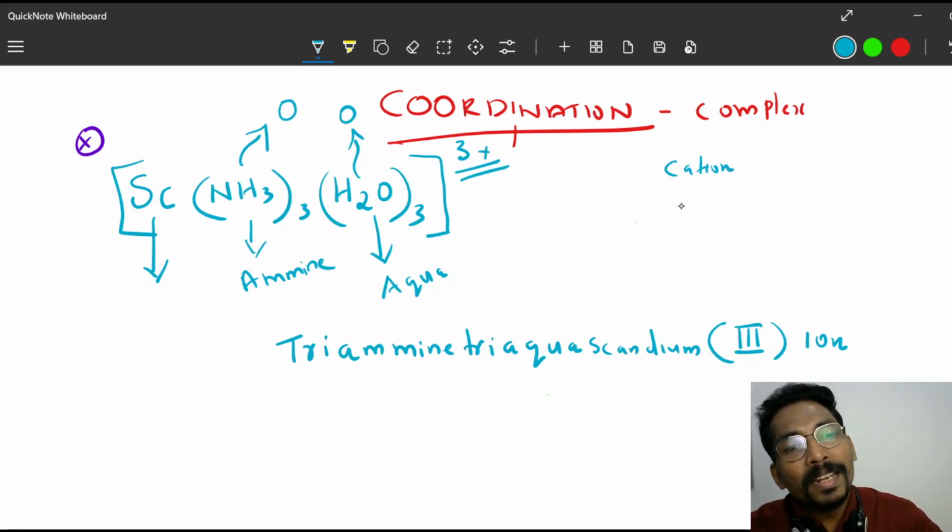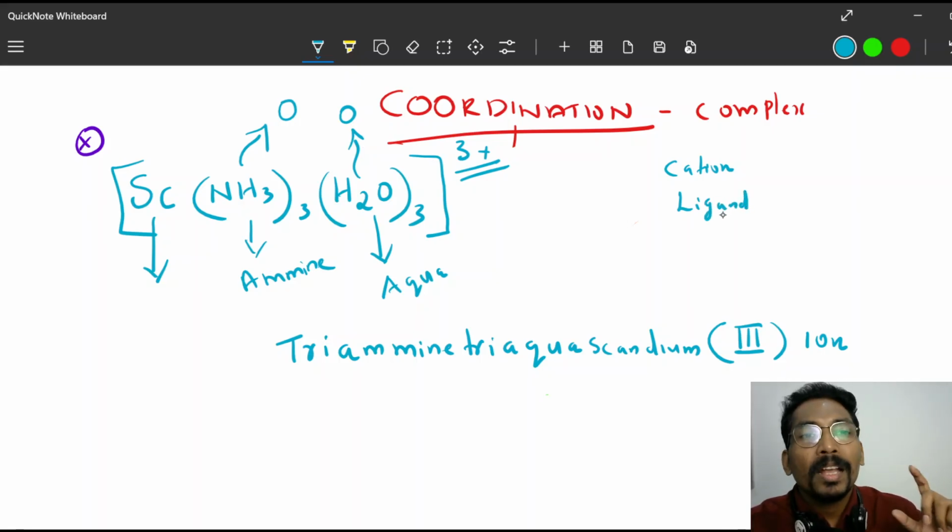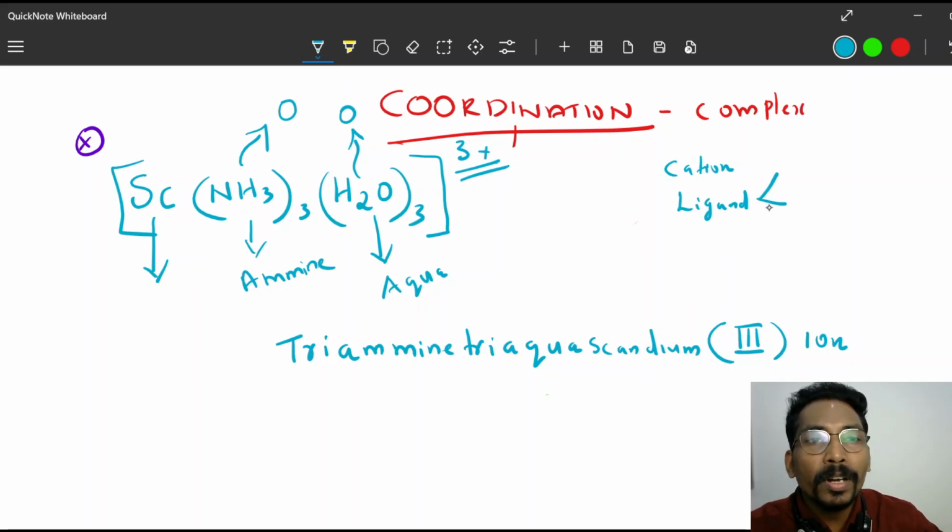And inside the square bracket, that means inside the coordination sphere, you have to name the ligand first. There are certain rules for naming the ligands. First of all, if the ligand is negatively charged, you have to add the suffix O. Example, cyanido, chlorido, bromido, like that.